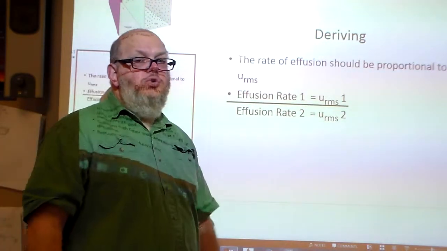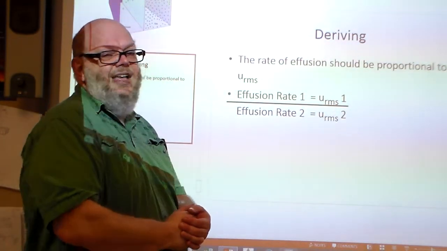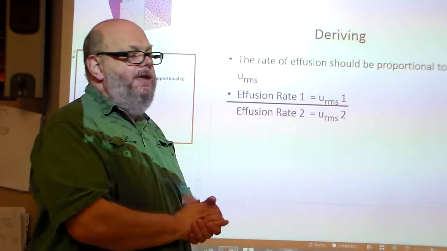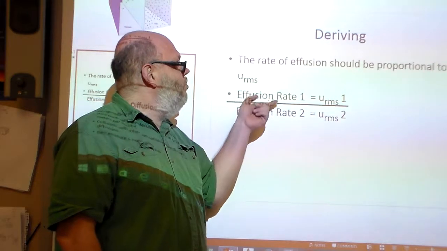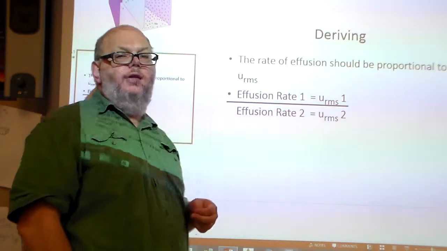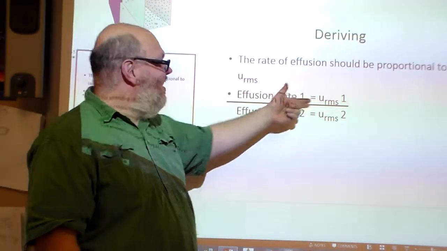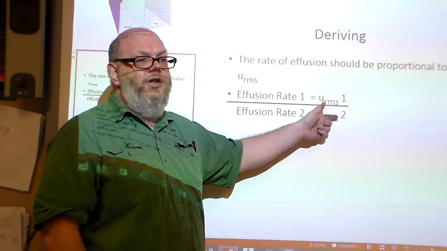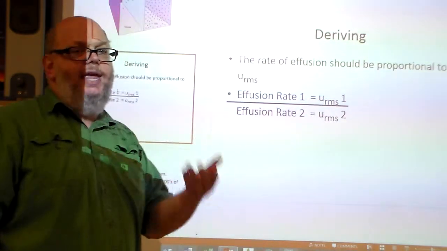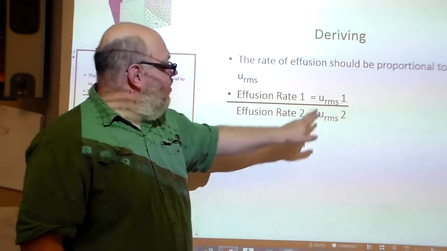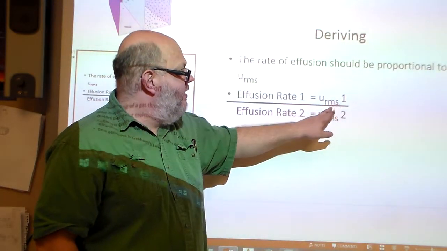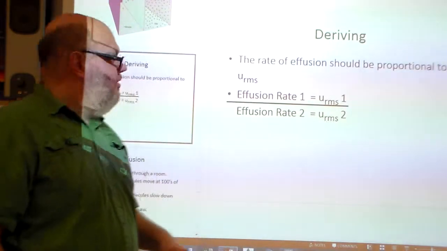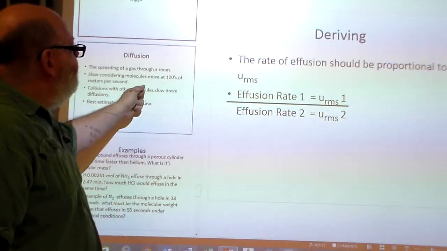Why they chose U, I don't know, because basically velocity, it's a V, but we'll go with it. They compared the effusion rate of the two different gases, which is equal to their root mean square speed. That's what the U represents, the speed, and RMS stands for root mean square.